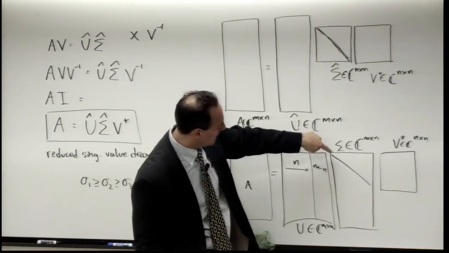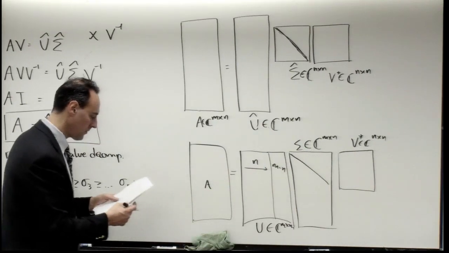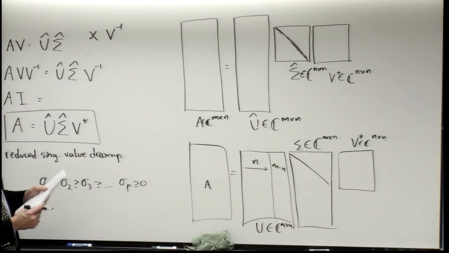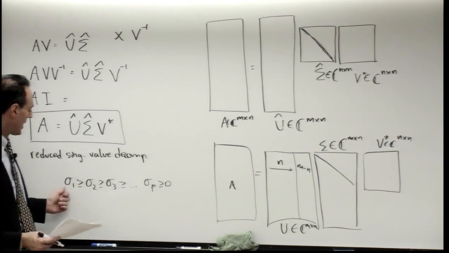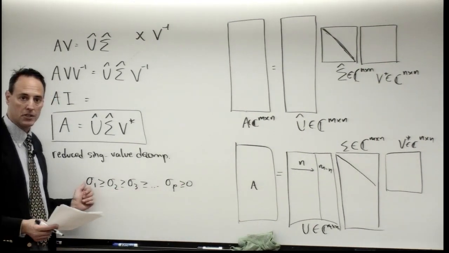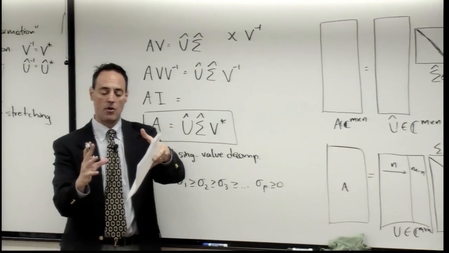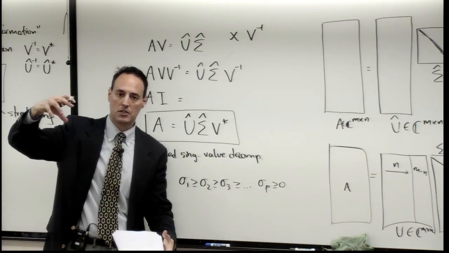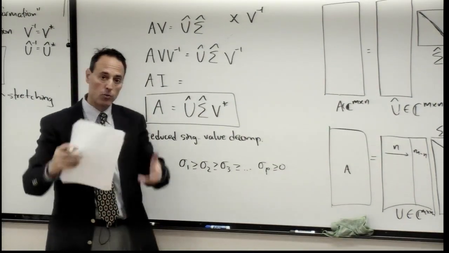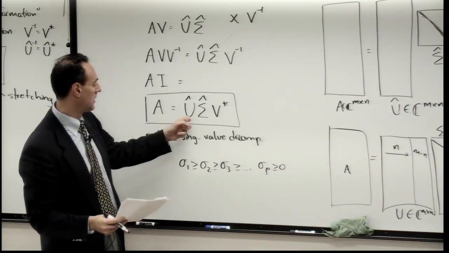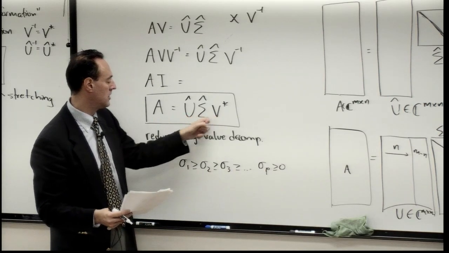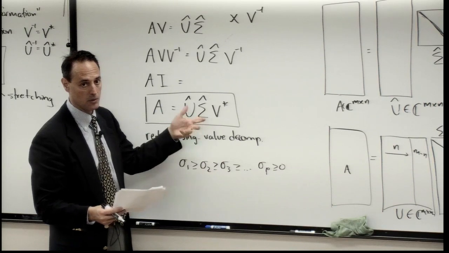So when you think about this, biggest to smallest on down the line there. Okay? So this tells you the stretching in every single direction. So you take this sphere, and if you transform it, it's like stretching it in some directions. And how you rotate is being basically dictated by these two matrices, and how you stretch is being dictated by this one.